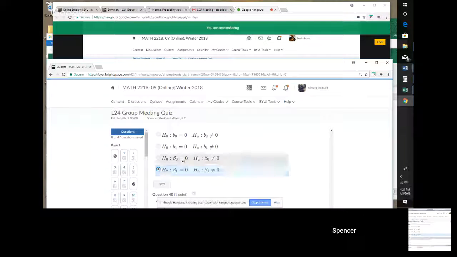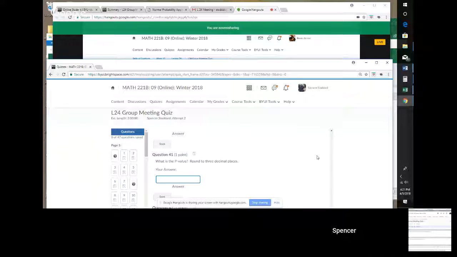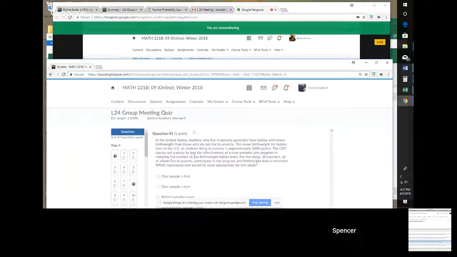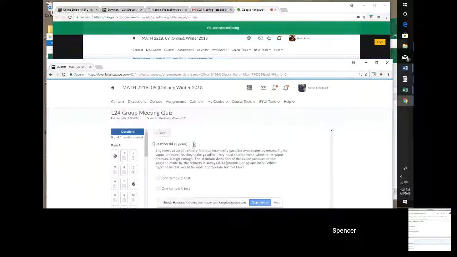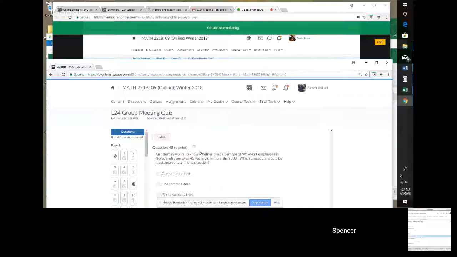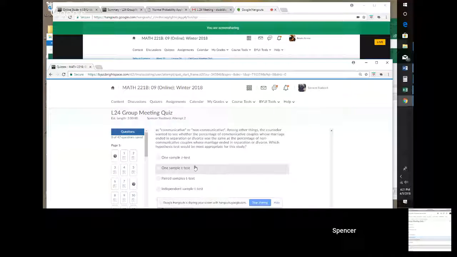D, using dog. 40 is 11.510. 41 is 0.000. 42 is C, as in cat. 43 is one sample t-test. 44 is one sample z-test. 45 is test of one proportion. 46 is test of two proportions.